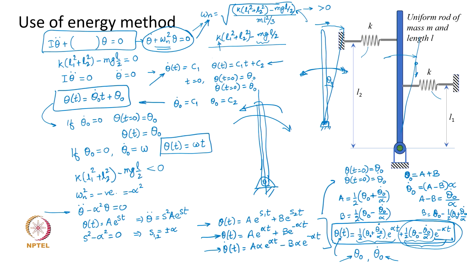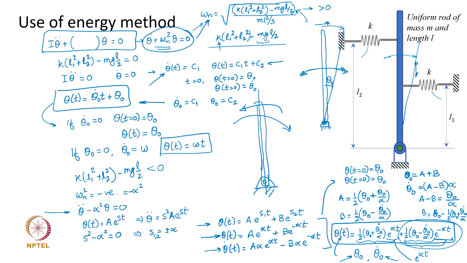Why? Because the multiplying quantity here, e to the power alpha t, has a positive multiplying component to the t, and therefore, as t progresses, an exponentially increasing amplitude is to be expected.